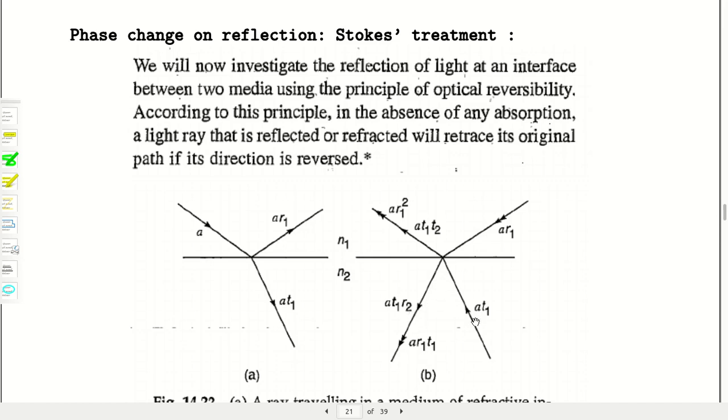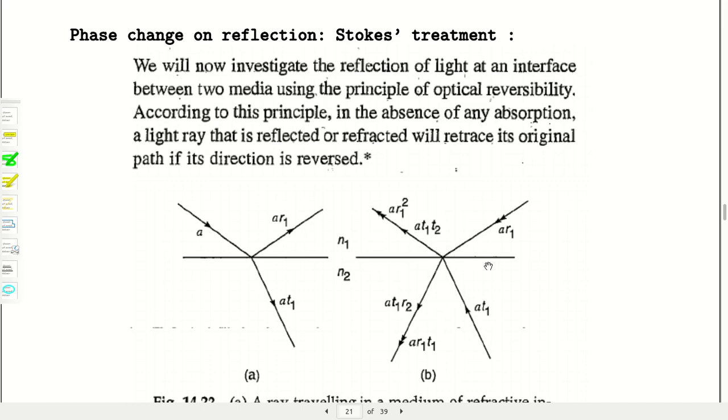Because the light is going from N2 medium to N1, that is why the reflection coefficient is different, that is R2, and another part gets refracted into medium 1, which is AT1 into T2. Because the light is going from N2 to N1 medium, the reflection and transmission coefficients are different from the previous case. So T1, R2 and T2 are here.